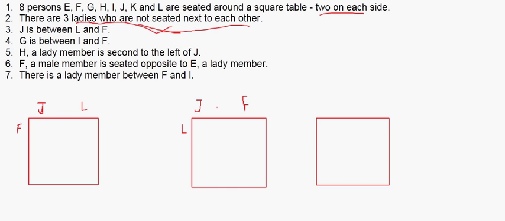Here what we have done is we have placed F to the left of J, right? Can we place F to the right of J as well? Something like this.